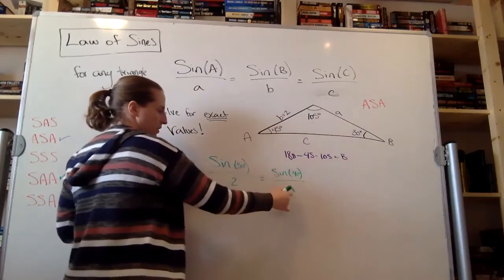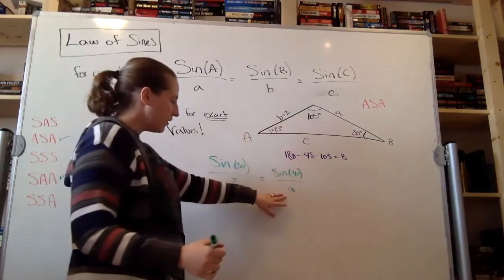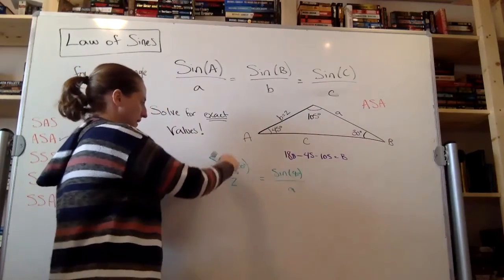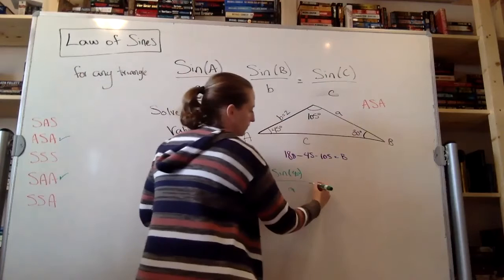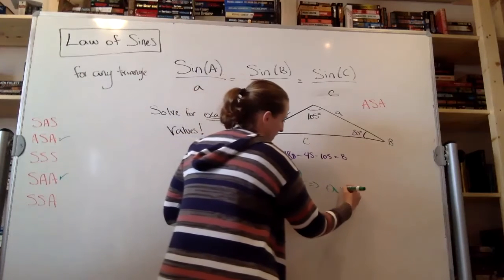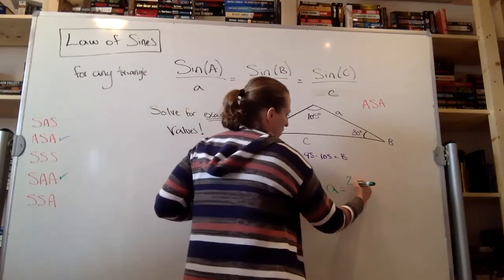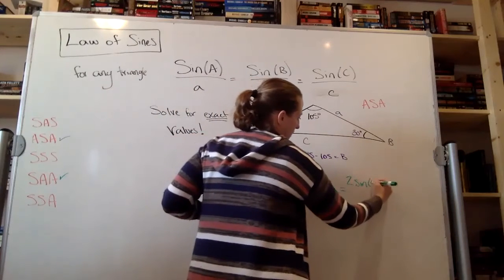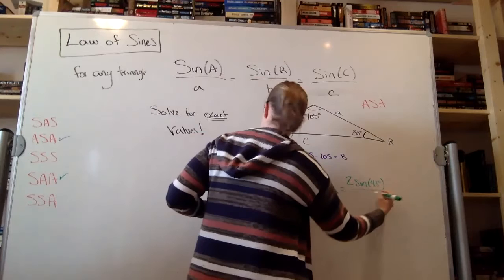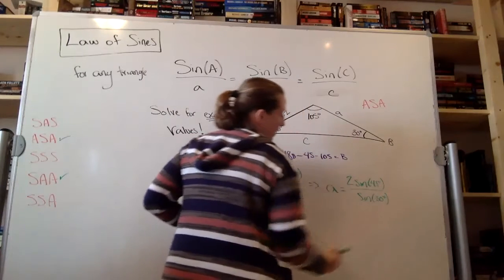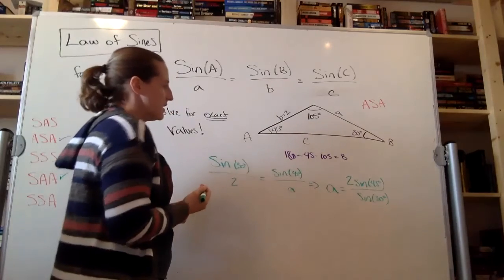So the only thing we don't know in this equation is little a. To solve for little a, I'm going to multiply both sides by little a, and then divide by sine of 30 over 2. So I'm going to take a little bit of a shortcut here. That tells me that little a is going to be equal to 2 sine of 45 degrees over sine of 30 degrees. Okay? All right.